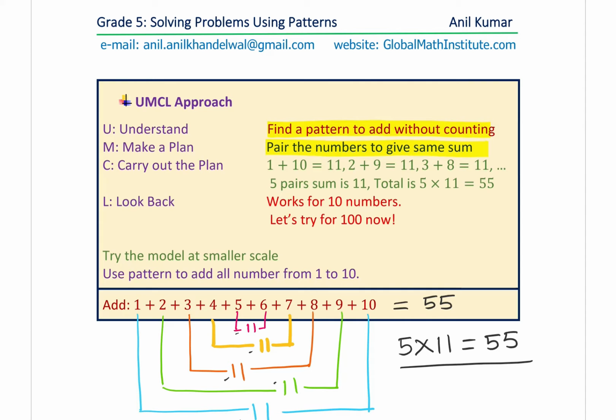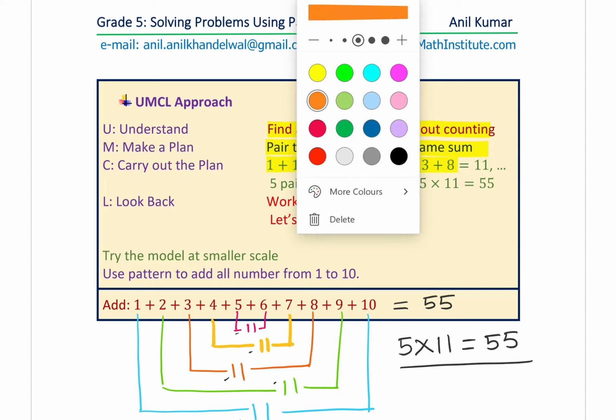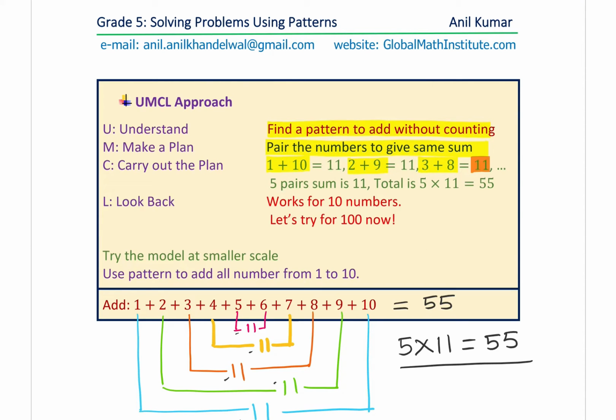In this case, if I pair, I get the same sum, and that sum is 11, correct? Let me use a different ink here. Okay, that makes sense. So let me mark 11 as the sum. How many 11s did we get? We get 5 elevens, and therefore the answer is 55, correct?